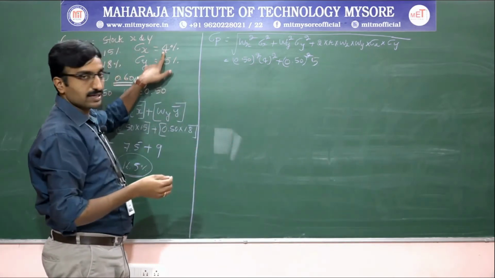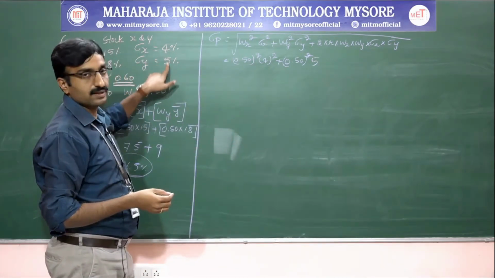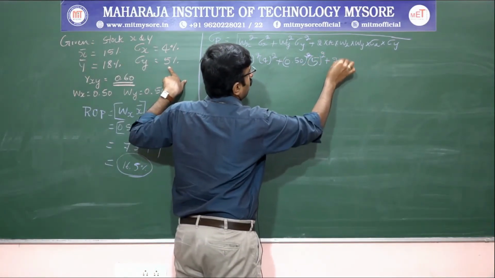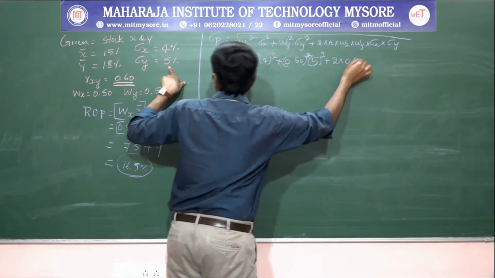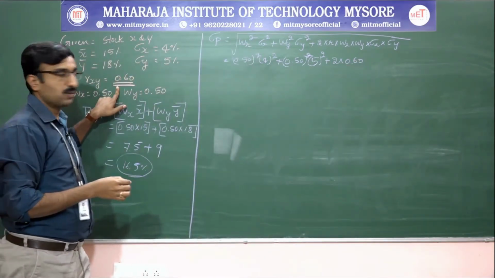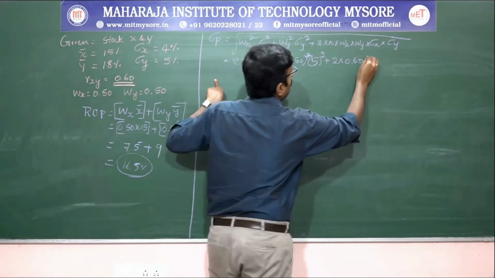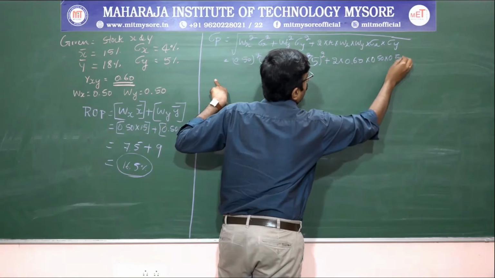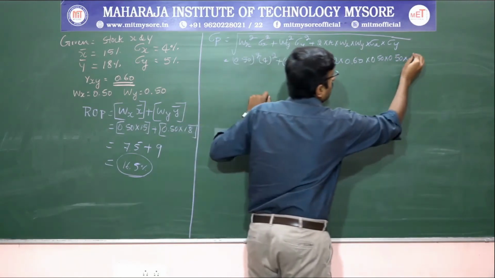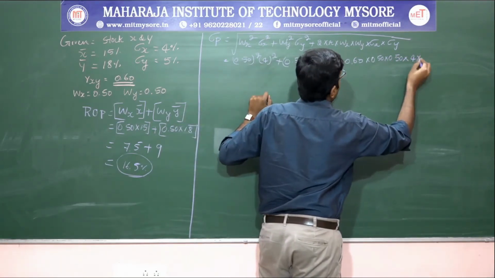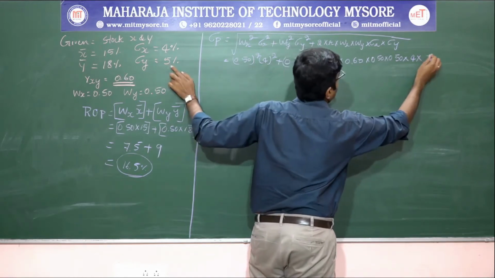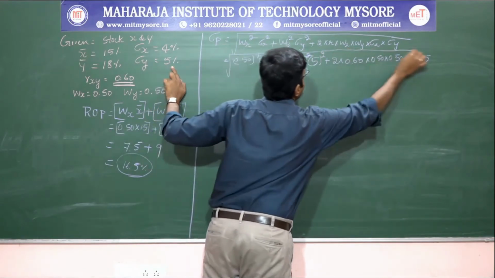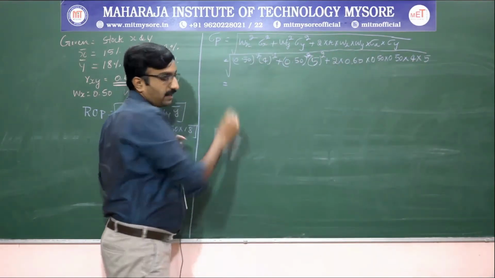We have considered 4 as well as 5 for x and y. 5 square plus 2 into r, how much? 0.60, they have given 0.60, into weight of x 0.50, weight of y also 0.50, standard deviation of x is 4 and standard deviation of y is 5. Root of this will be considered. Calculate how much you will get.